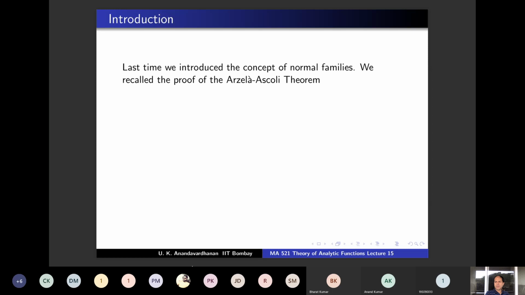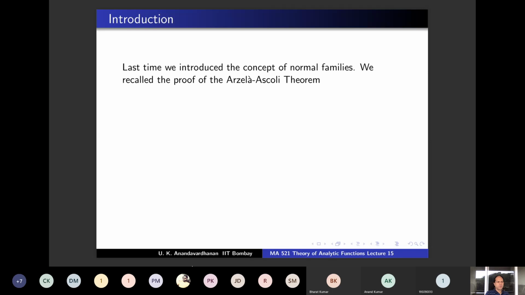We proved that it has a subsequence that converges, and the convergence is uniform on compact subsets. This much we need for a normal family.